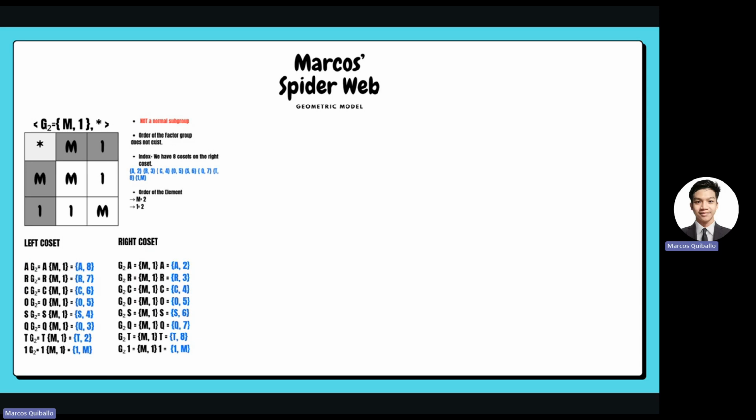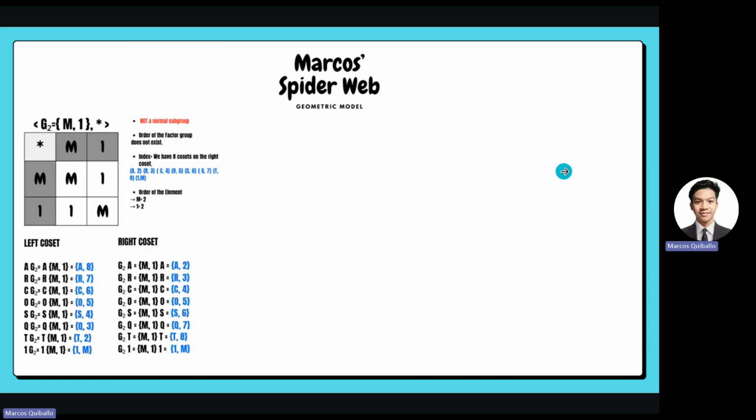The order of an element is the number of times of operating the element to itself. If we operate 1 to 1, it is equal to M, so there are two elements in that operation. So 1 has order 2.